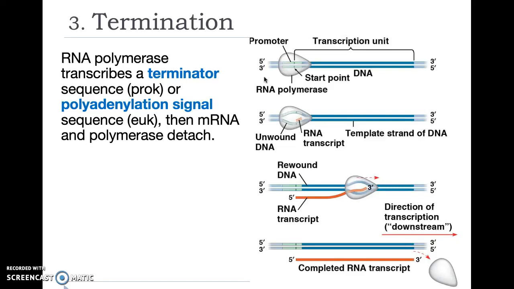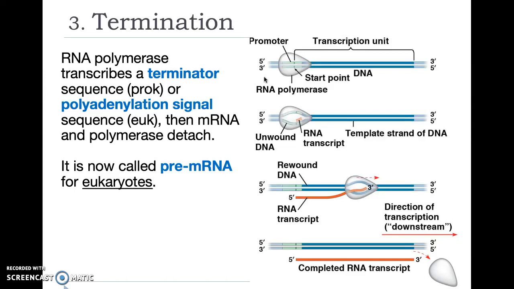Now, again, similar, but at this point, the RNA strand that is made in a eukaryotic cell is called pre-mRNA, because there's a little bit more fine-tuning that needs to take place in a eukaryotic cell before that mRNA escapes the nucleus for polypeptide or protein synthesis.